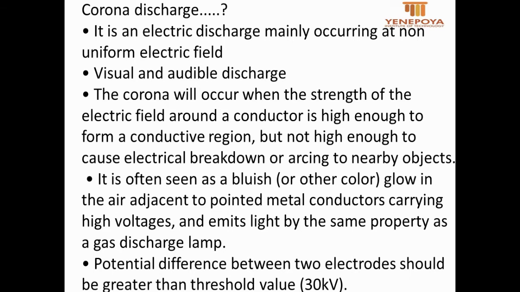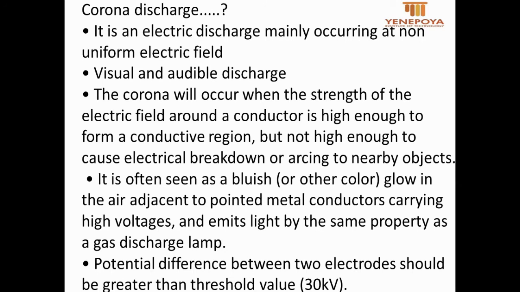The corona will occur when the strength of the electric field around a conductor is high enough to form a conductive region, but not high enough to cause the critical electrical breakdown or arcing to a nearby object.